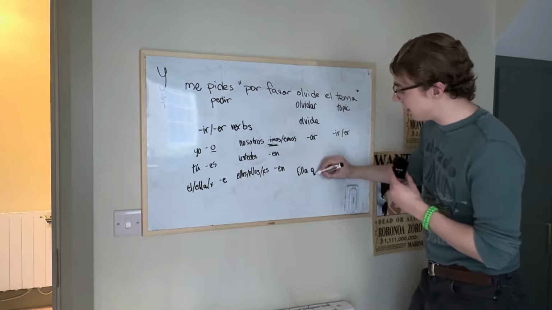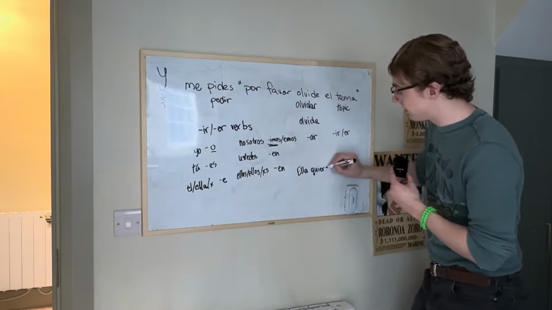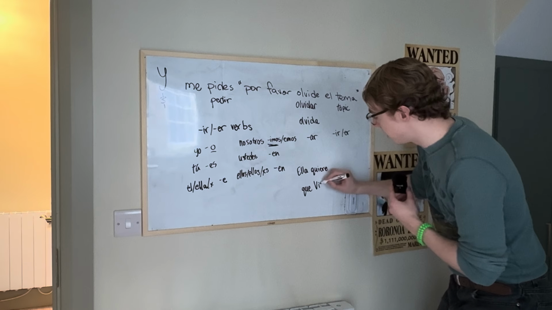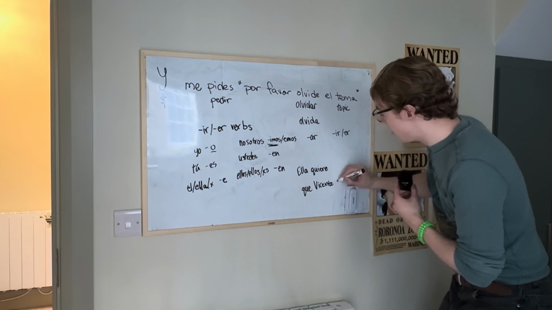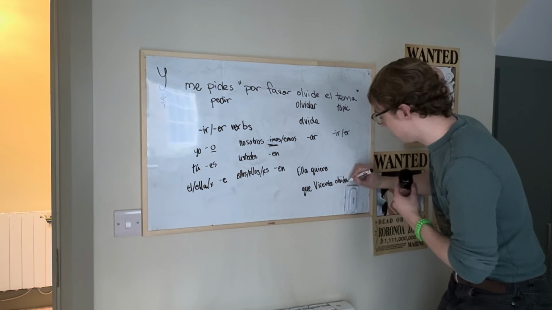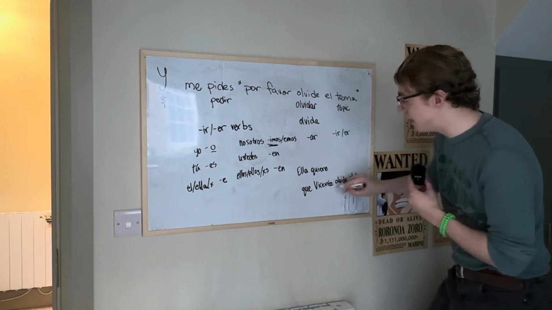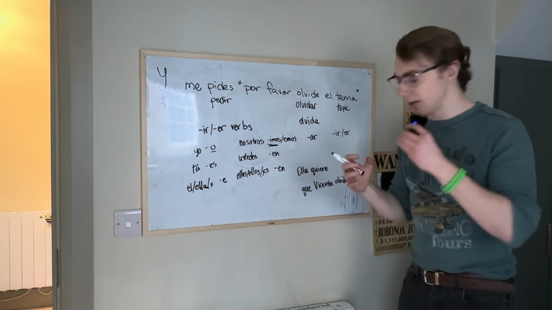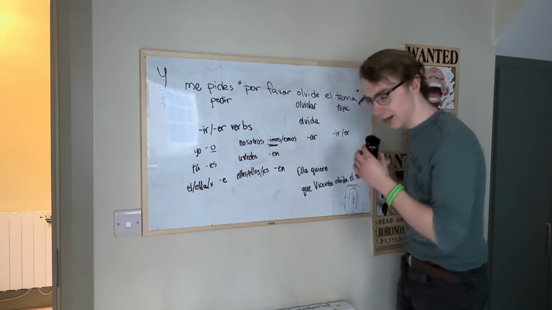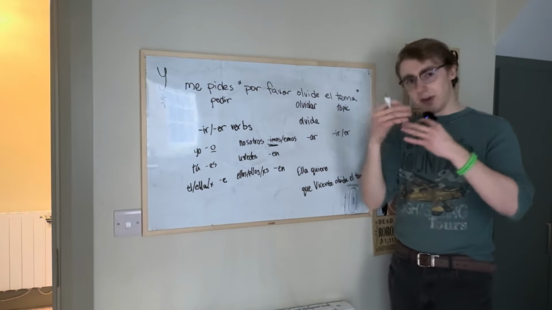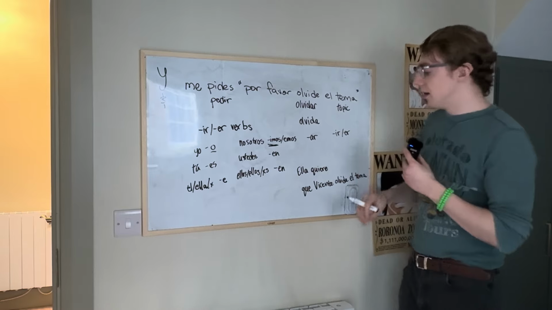Ella quiere, she wants, que Vicente olvide el tema. Again, it's a possibility. It's something she wants, but this action is only happening inside of a thought. The thought being that Vincent forgets the topic.